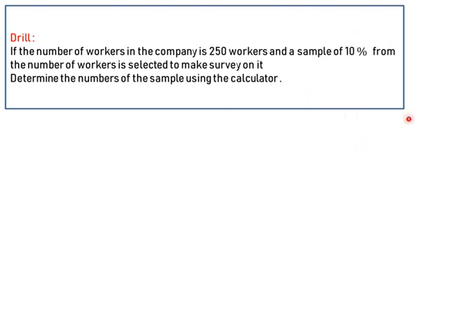As in the previous example, use the calculator to get the numbers. 10% represents 10% of the workers. At the first, get the number of the survey or the number of the random sample, then use the calculator to get the numbers. Please try to solve, and leave your answer in a comment, and thank you.